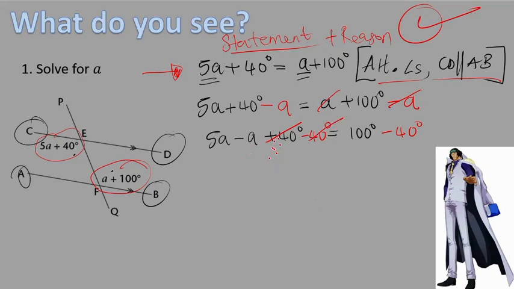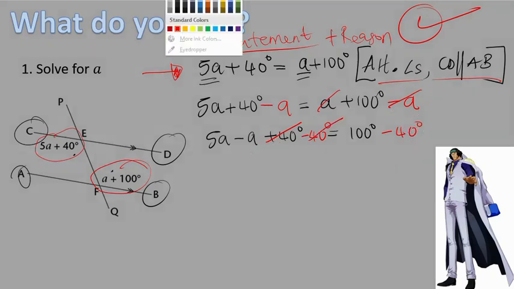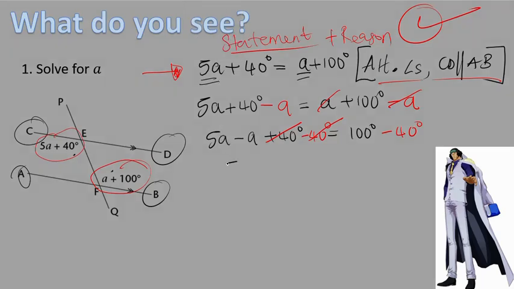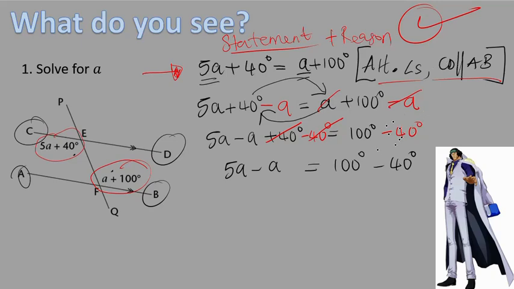That's how I'm removing the 40 this side. It's now on the other side. And then what am I left with in general? I'm left with 5A minus A is equals to 100 degrees minus 40 degrees. What did I do? I took 40 and moved it to the other side, and I took A, I moved it to that side. You see then, these two steps, that's what I've been doing.